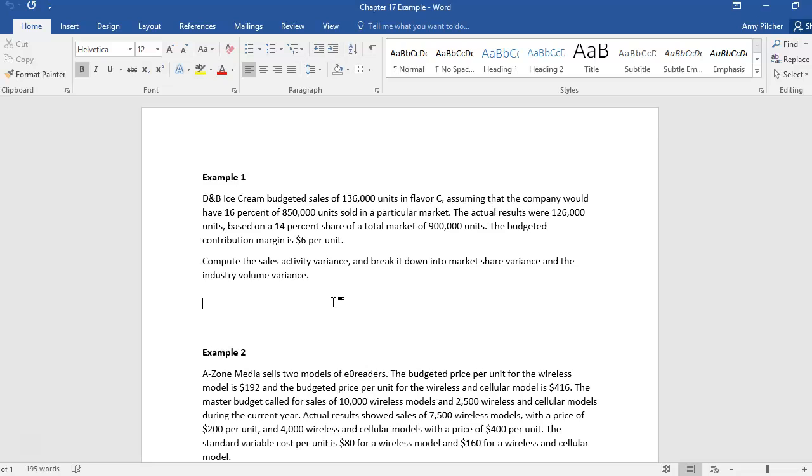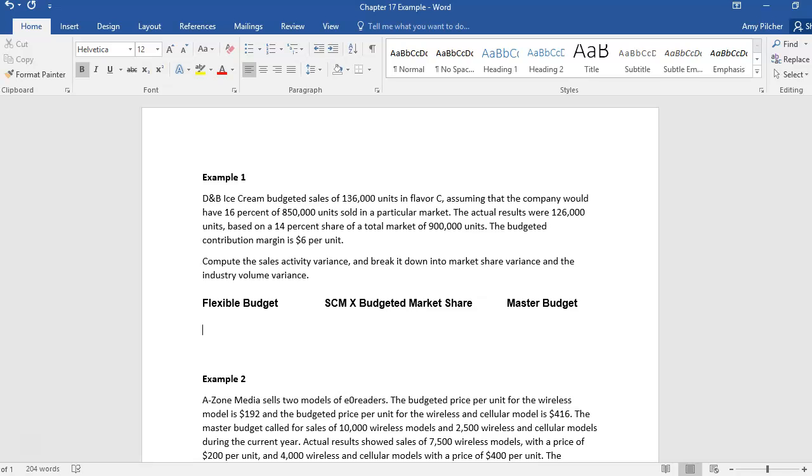So we're going to have our flexible budget and our standard contribution margin. Remember that SCM, I'm going to abbreviate it, times our budgeted market share at our actual industry volume, and then our master budget amount.